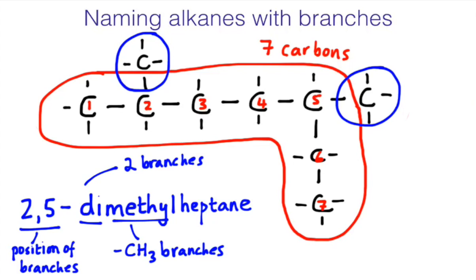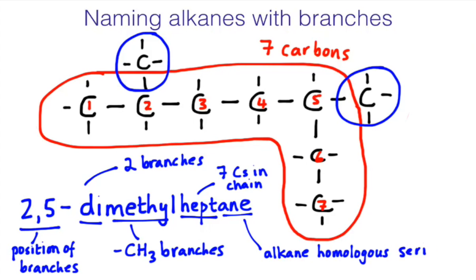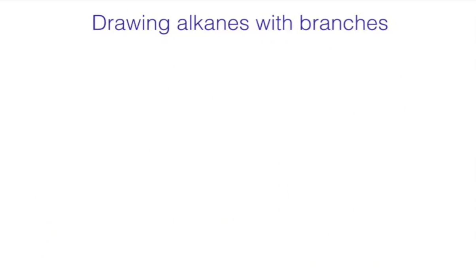That's where the meth, the yl, indicates that it's a branch. Hept means that there's 7 carbons in the main chain, and ane means that main chain is a compound from the alkane homologous series. So it's 2,5-dimethylheptane.